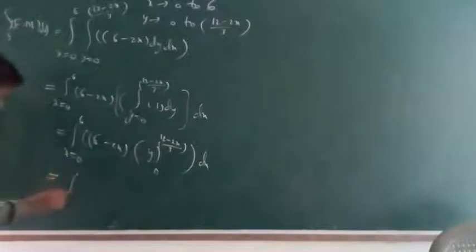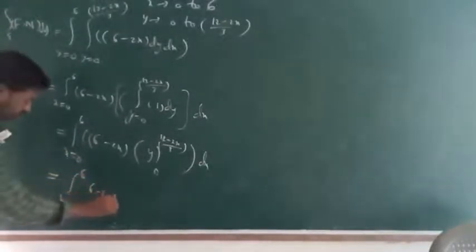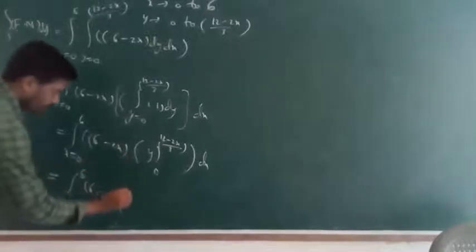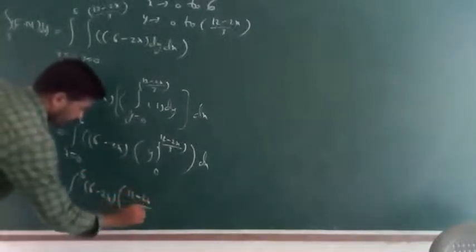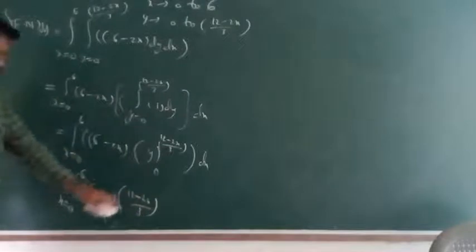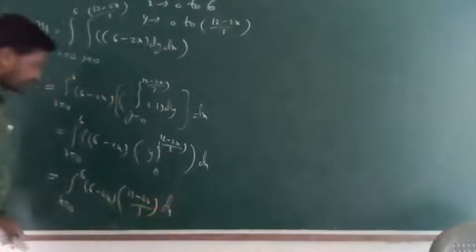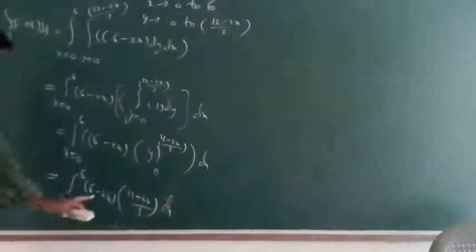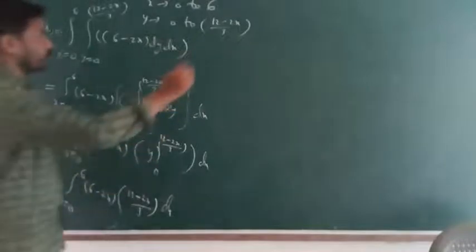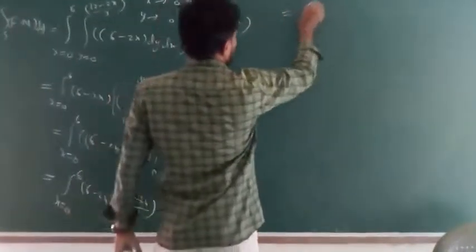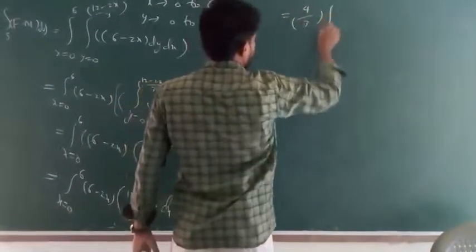So this is equal to the integral over x from 0 to 6 of (6 minus 2x) into the upper limit (12 minus 2x) by 3, lower limit 0, dx. Next, 2 is common. Taking 2 common from each, we get 3 minus x and 6 minus x, and the constants multiply to give 4 by 3.